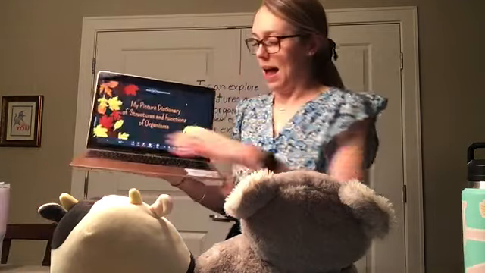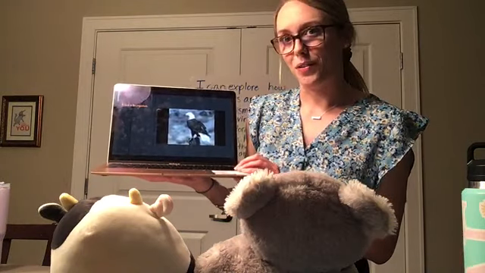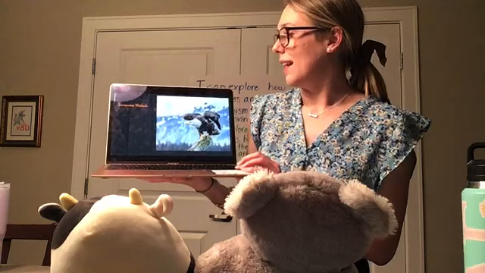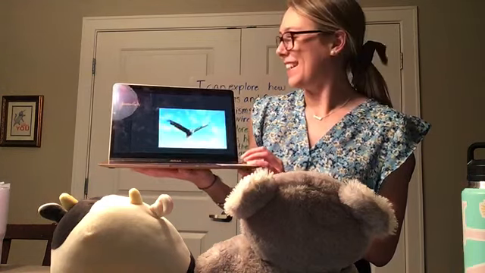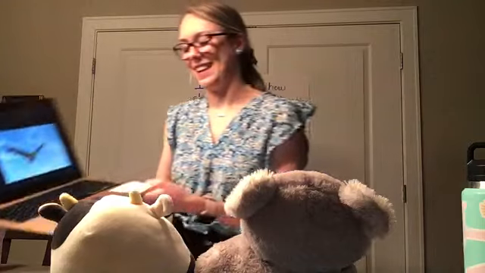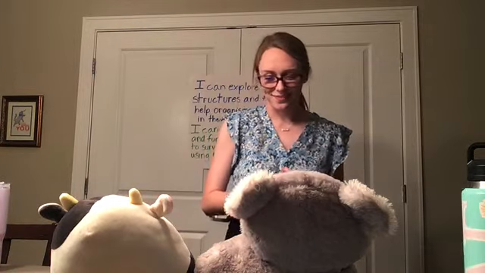So I organized all of mine. So here is an example of an organism. There's the bald eagle. Then I have its environment, I have its structure, and I have its function. So the structure I focused on was the wings, and the function is to fly.